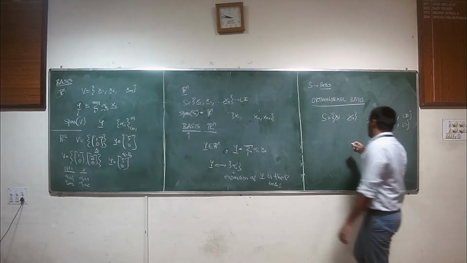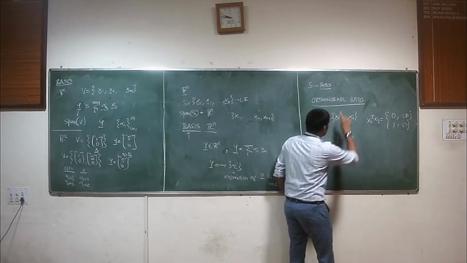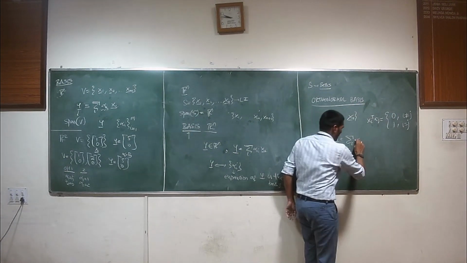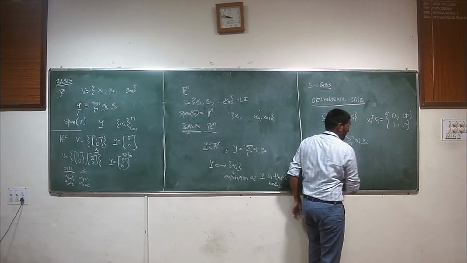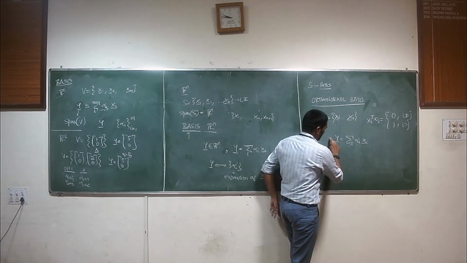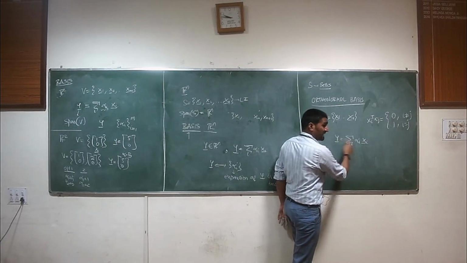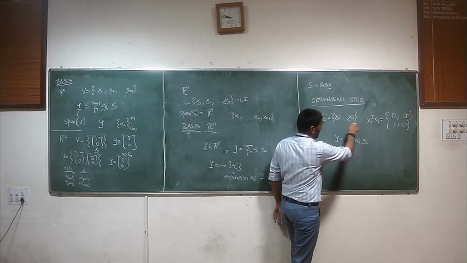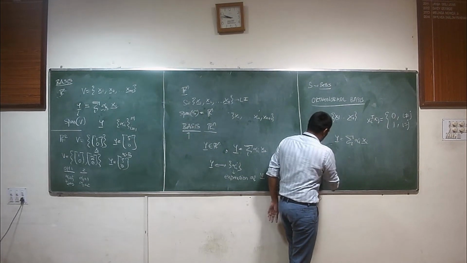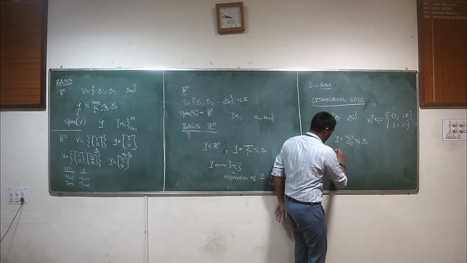Let's see how. Say you have a vector y from Rn. Because S is a basis, I can express y as a linear combination of the basis vectors. Now, let's take the inner product of the left hand side and the right hand side with one of the basis vectors, x1 transpose y.